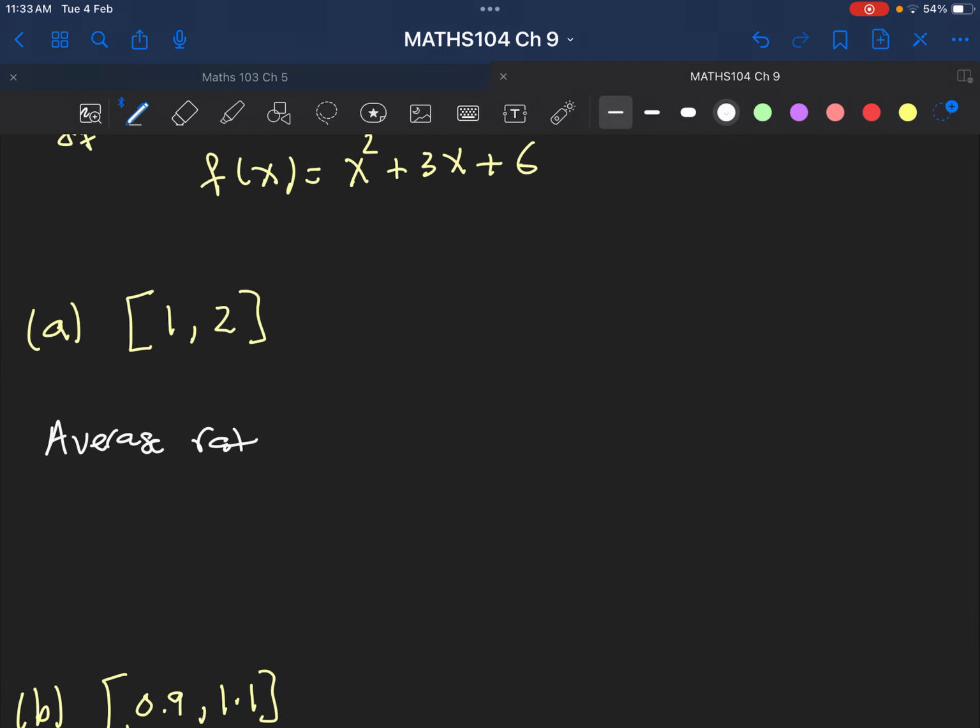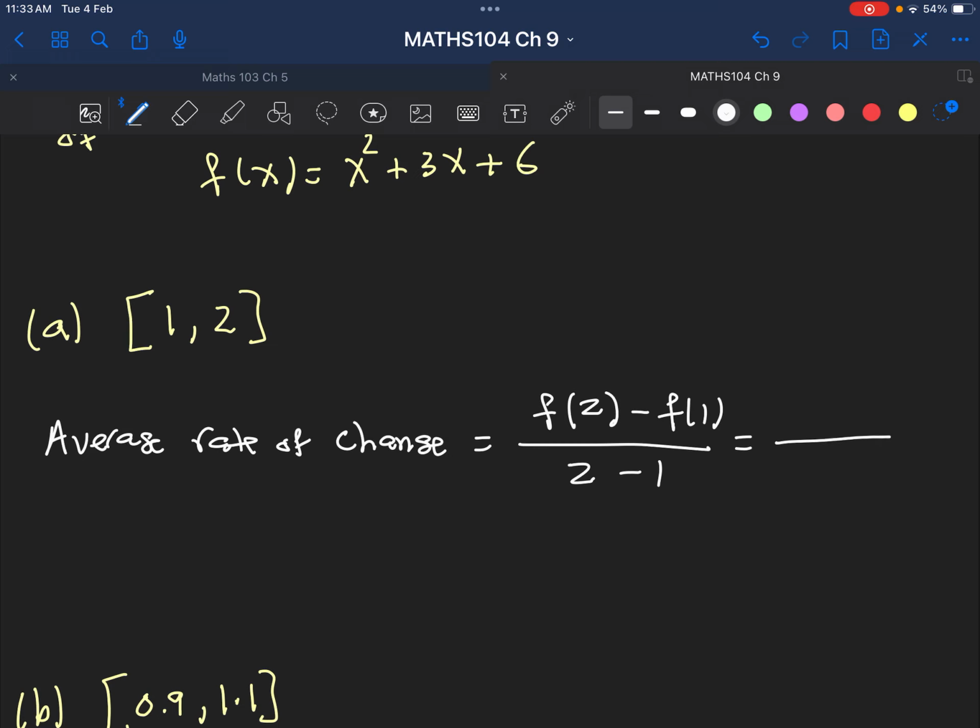So the average rate of change equals f of b, so f of 2 minus f of 1, divided by 2 minus 1. 2 minus 1 is 1. How much is f of 2? f of 2 is 16. How much is f of 1? Just plug in 1. It will be just 10. So the answer will be just 6.